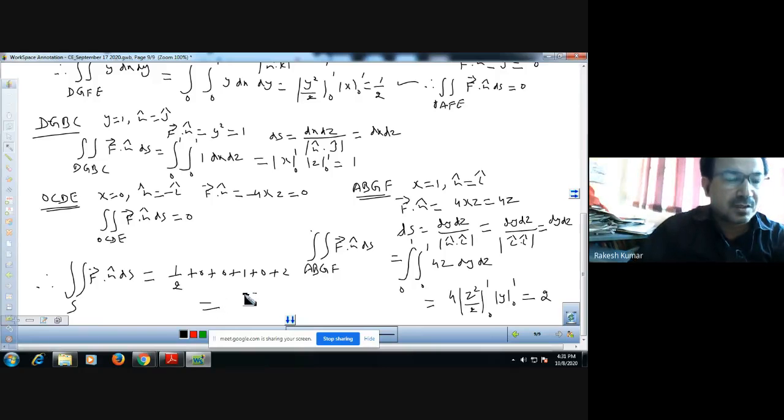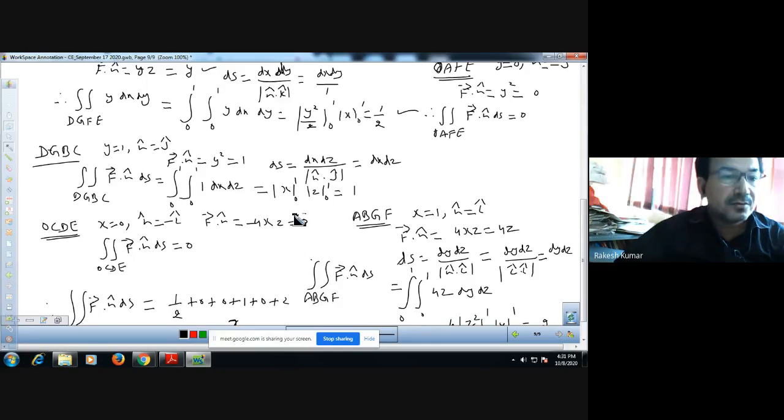So this comes out to be 6 by 2, that is 3, 3 to the 6 plus 7. 7 by 2 is the surface integral value. So this is the value we have.